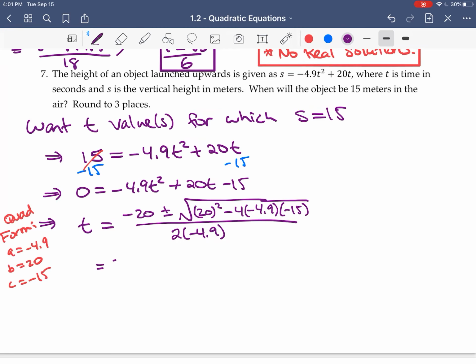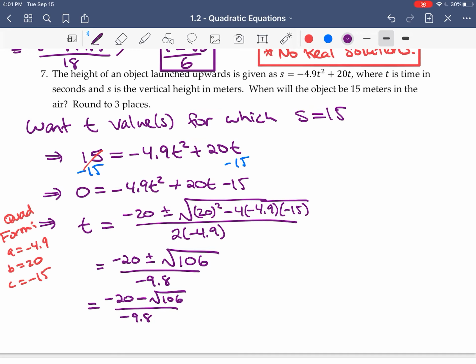Okay, so if you simplify that, in the square root, if you add all these together, you end up getting 106. Okay, and the denominator is negative 9.8. So that's going to give us two different values. So you're going to have t is negative 20 minus square root of 106 over negative 9.8, or negative 20 plus the square root of 106 over negative 9.8.